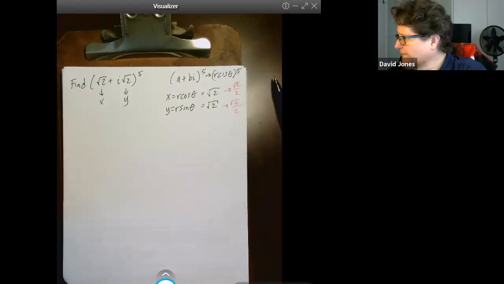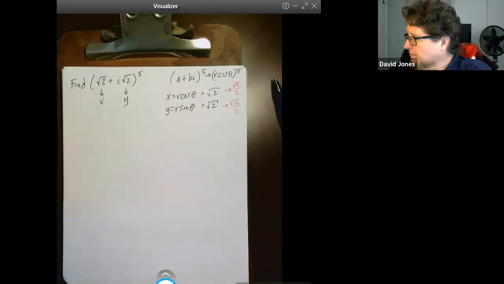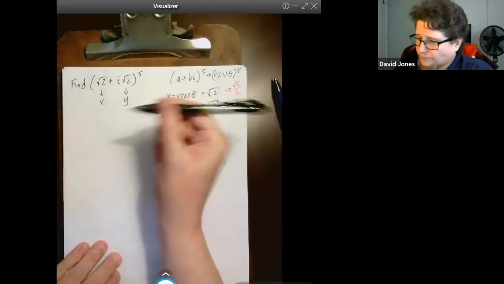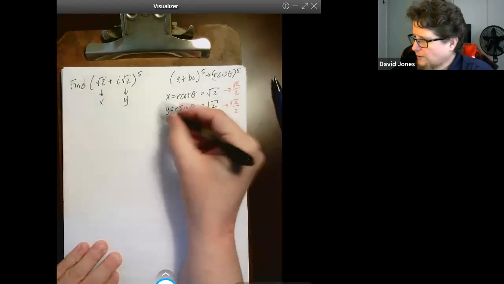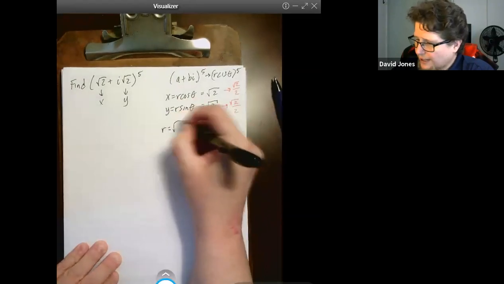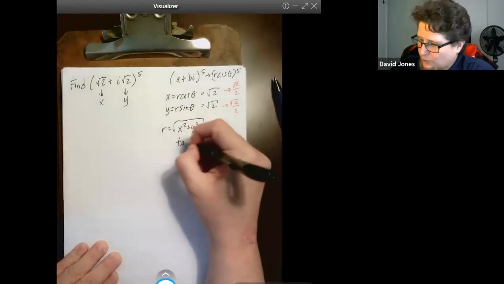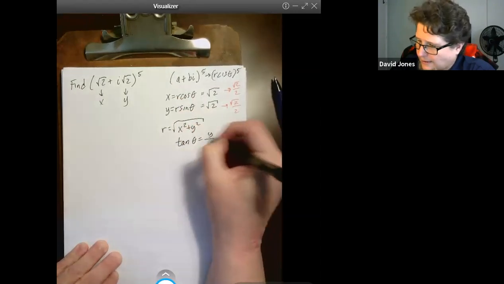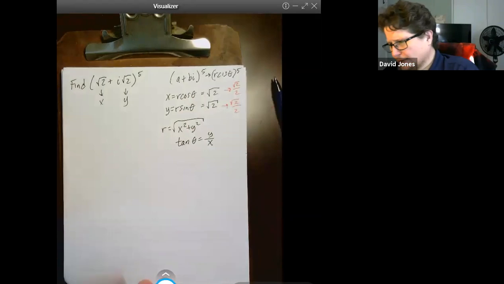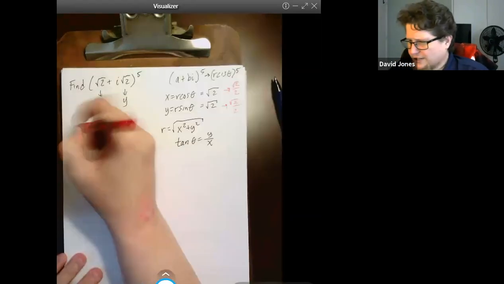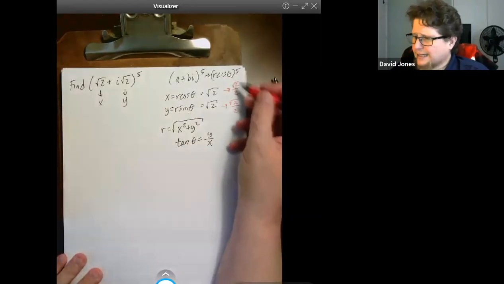So how did we find it before? Let's look back at our notes. r equals the square root of x squared plus y squared, and tangent theta equals y over x. We'll do that here. Does my intuition translate?